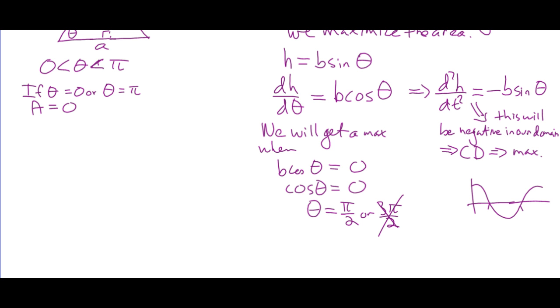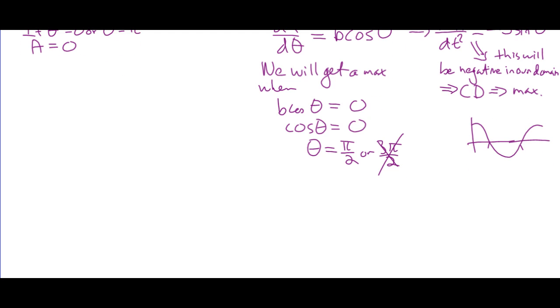But 3 pi over 2 is out of our domain, right? We're only going from 0 to pi. So then pi over 2 is where our maximum is, right? We know it's a max. We've checked the second derivative.